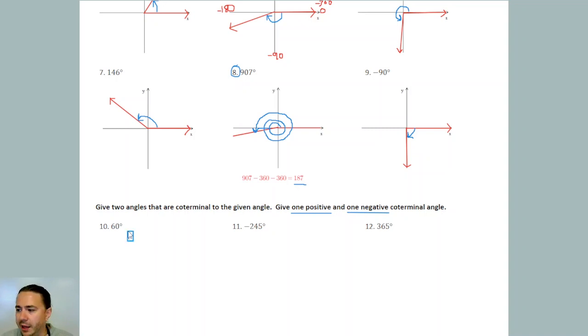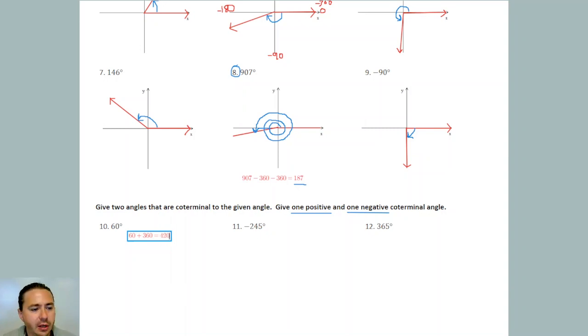So let's say we've got 60 minus 360. That's going to give us our negative angle. Let's do the positive one first, just because it's a little easier operation to do mentally. So 60 plus 360, meaning we're going to revolve 1 extra way in the positive direction, is going to give me 420 degrees.